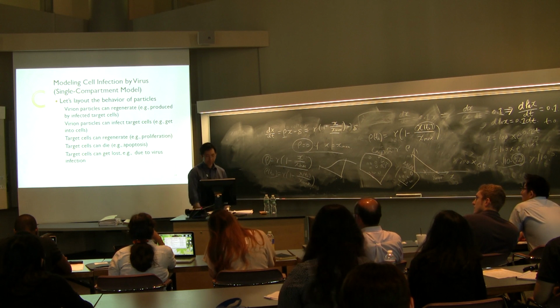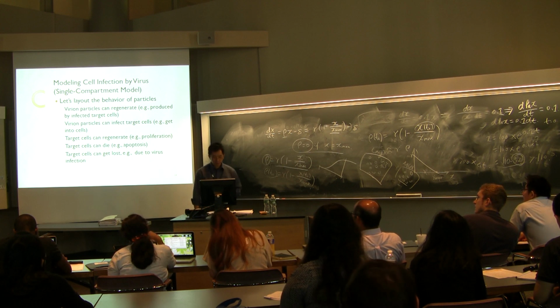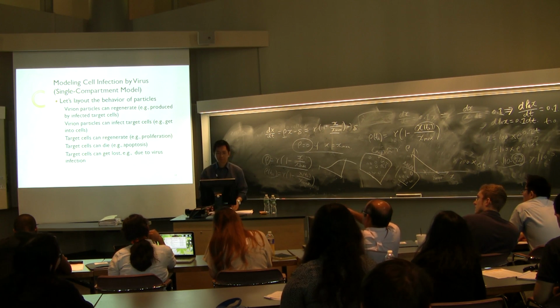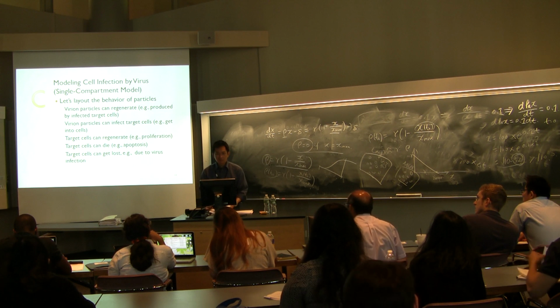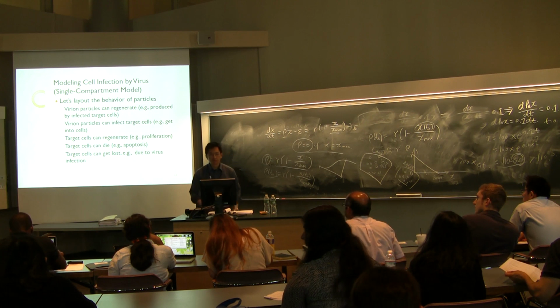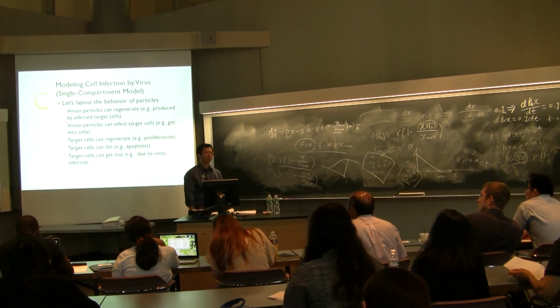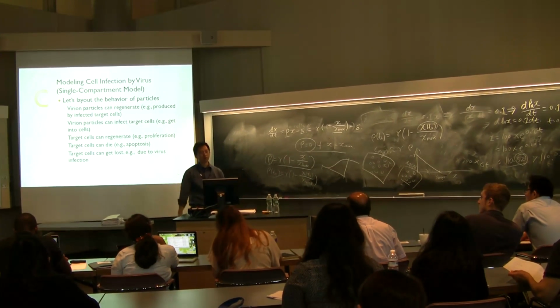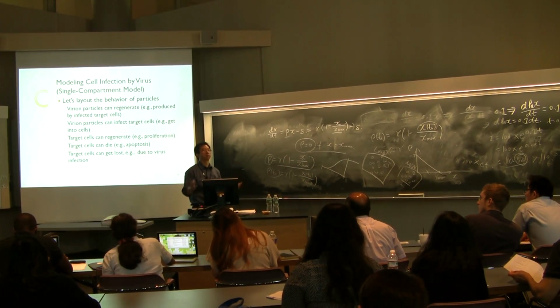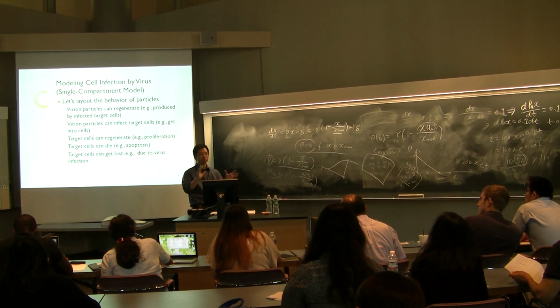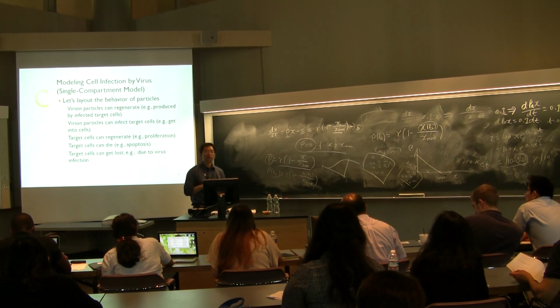Now we want to model the cell infection by virus. When we construct a model, the first thing is to specify the behavior of all the players in this game.